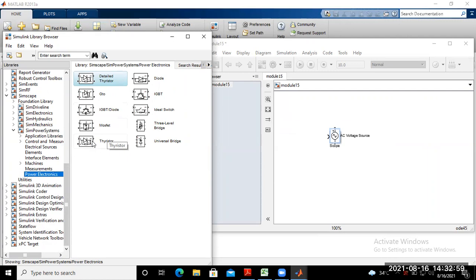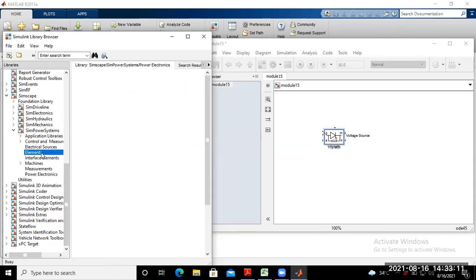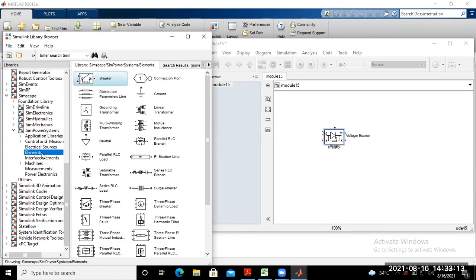Thyristor. Okay, let's see. So just add this one to the model number 15, and electrical element will be element. So various types of electrical elements are present here.